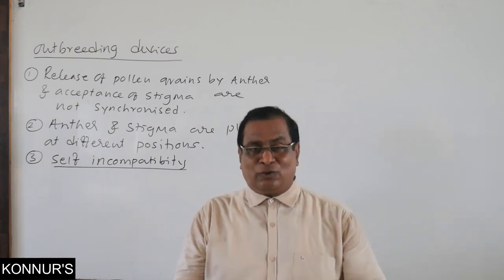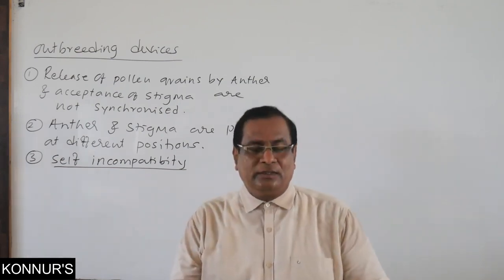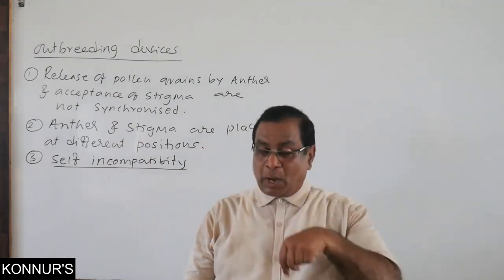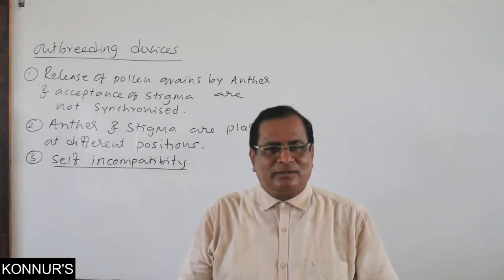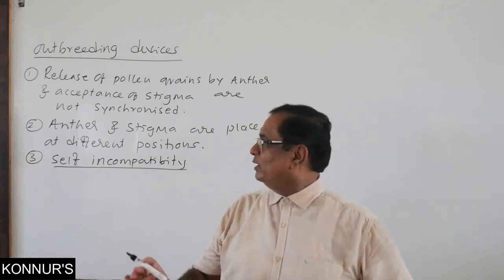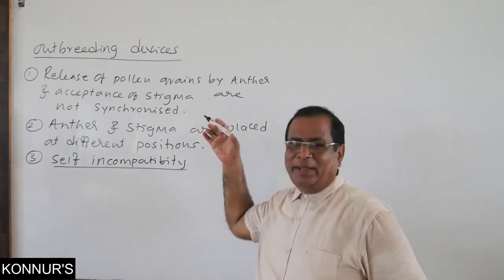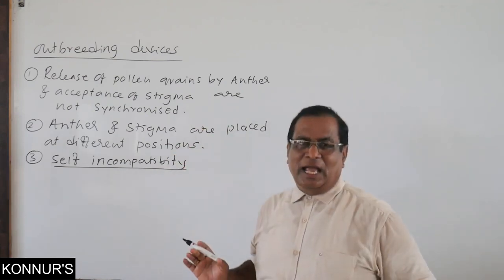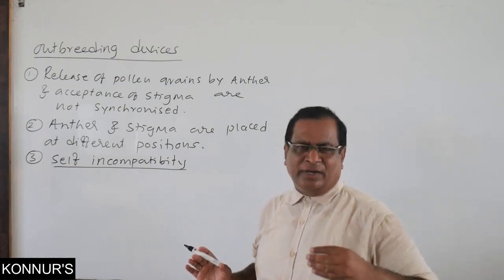And one more NEET question that can be asked with respect to this is, among all, which of them is a genetic mechanism? The others are physical mechanisms, because the position is different and their release and acceptance are different.